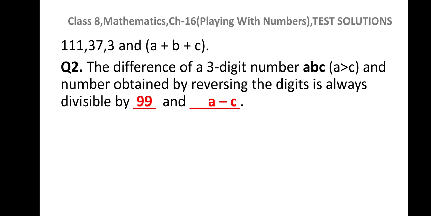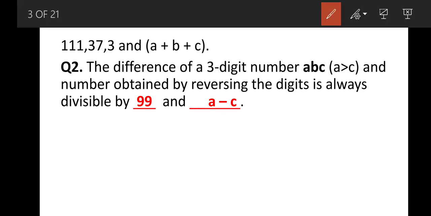The answer is 99 and A minus C. Dear children, this also we have learned and we have seen it, this concept, with the help of an example, that we have taken a 3-digit number and we have reversed that 3-digit number, and then we have taken the difference and we have concluded that it will always be divisible by 99 and A minus C if it is A greater than C, and it will be C minus A when C is greater than A.